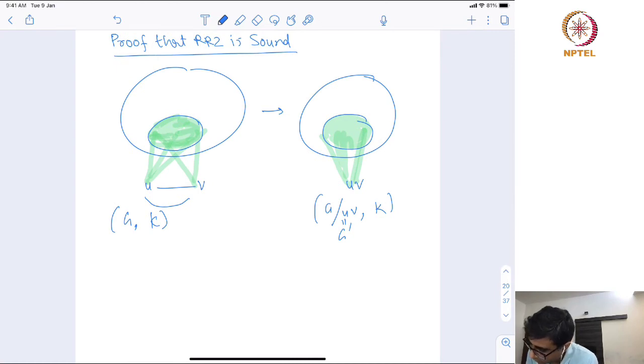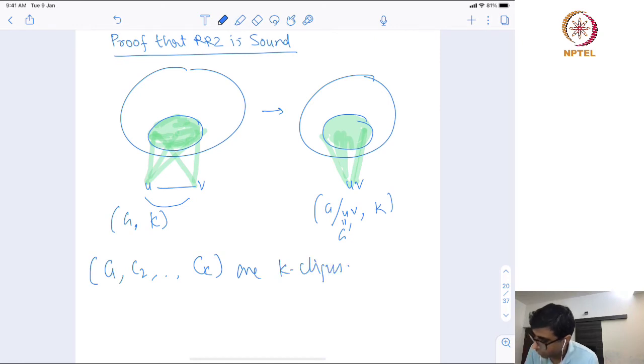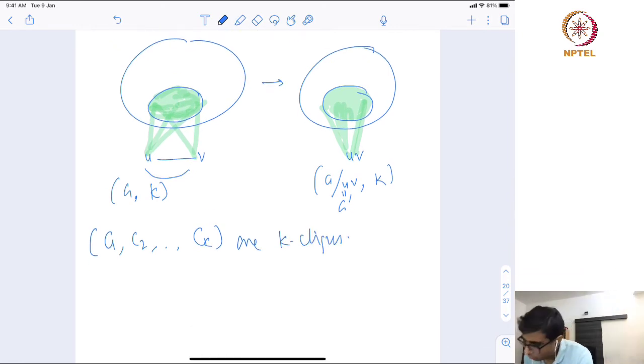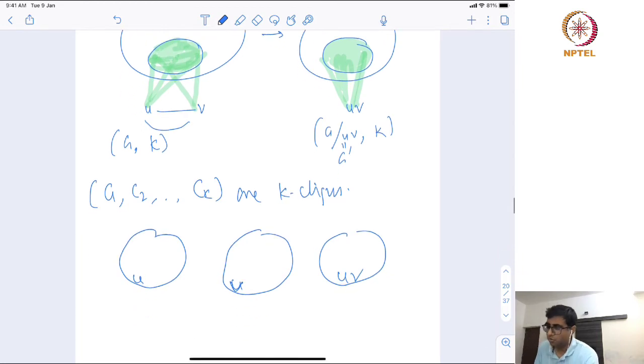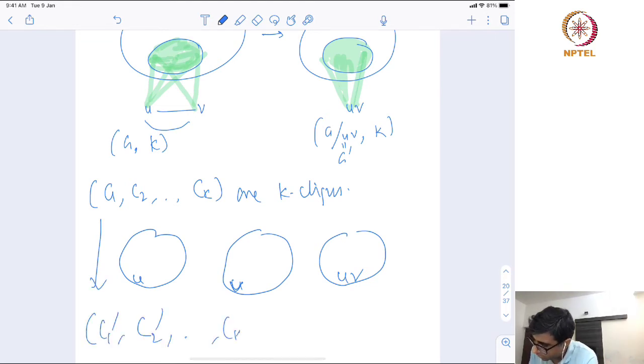So look at the forward direction. Suppose C1, C2, Ck are k cliques. Now, what could happen? A clique could contain U, or it could contain V, or it could contain both U and V. What I am going to do is get cliques C1 prime, C2 prime, Ck prime in G prime.